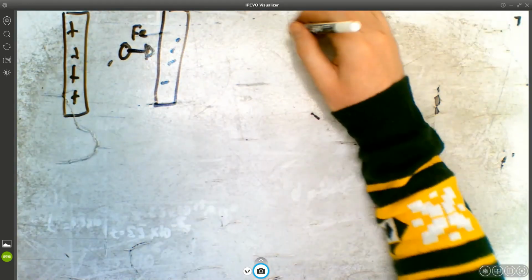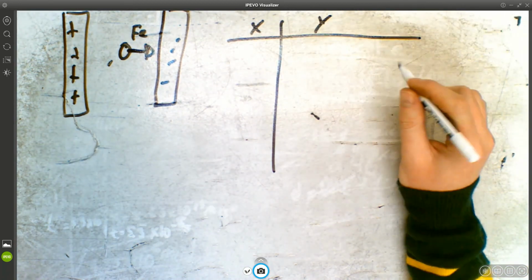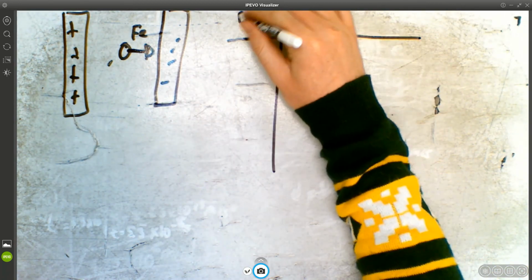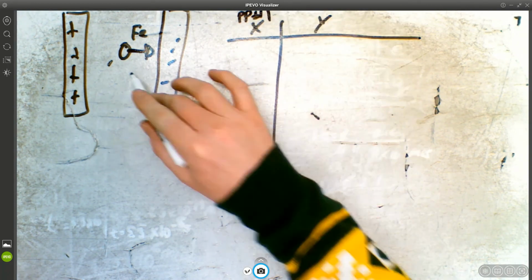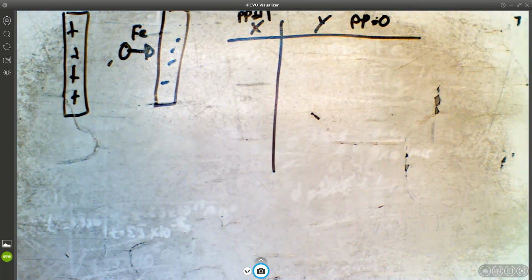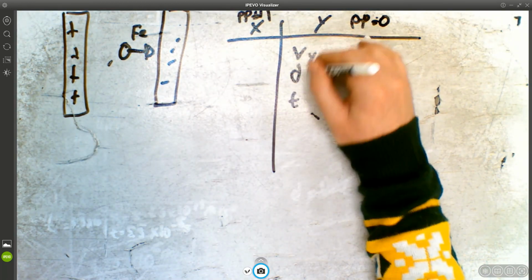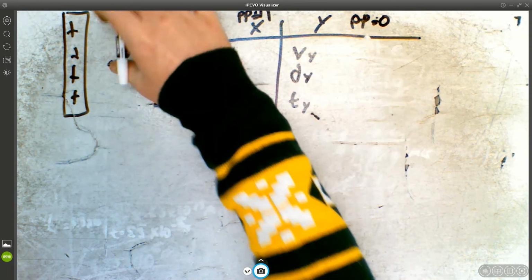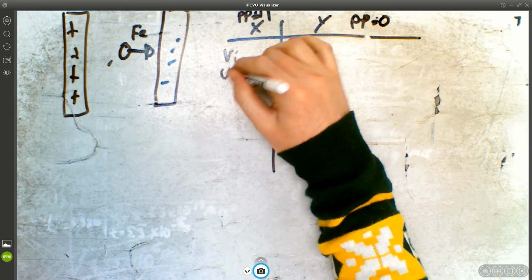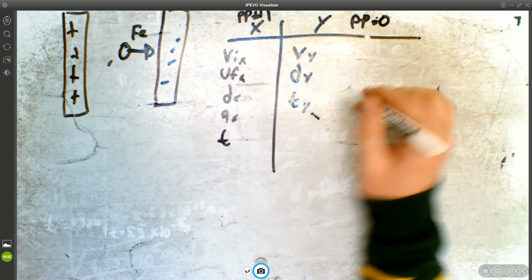So when I do my little chart of x and y, in the x, I want to use physics principle 1 because it's accelerating in the x, and I use physics principle 0 in the y. So this is going to be v, d, and t because there's no forces in the y. This is going to be vi, vf, d, a, t in the x. Ooh, tricky.